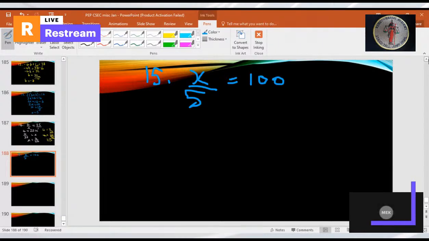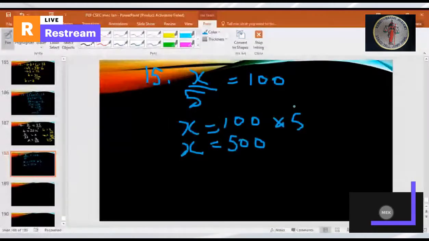And because we know we're going to be cross multiplying, you can put the 1 there as well, though at this level you don't really have to. But you know, x times x, which is x squared, equals 100 times 5, and it is 500. So x squared is 500.